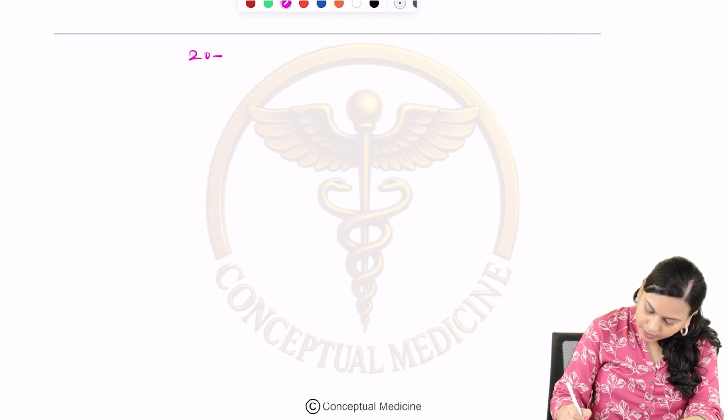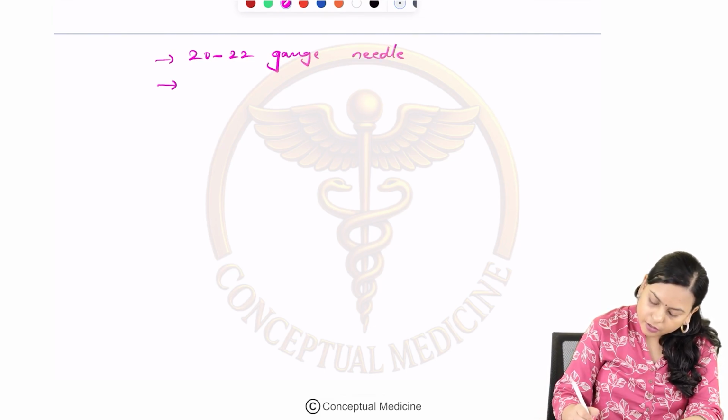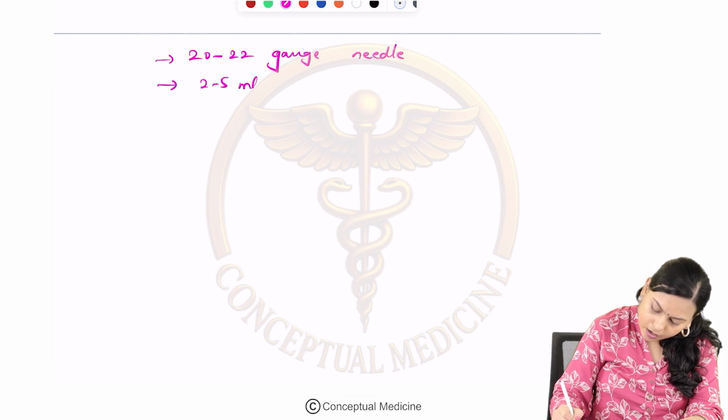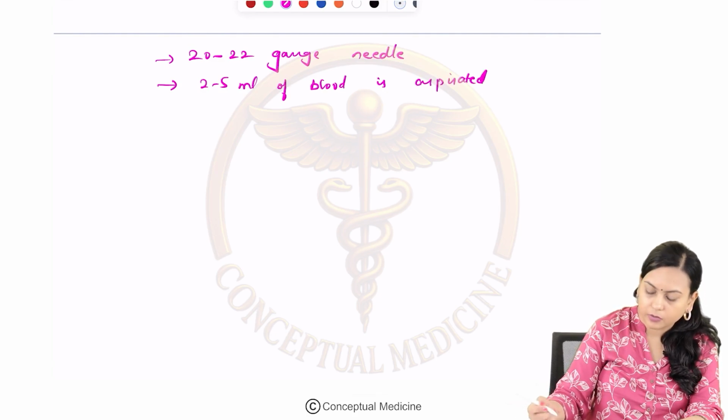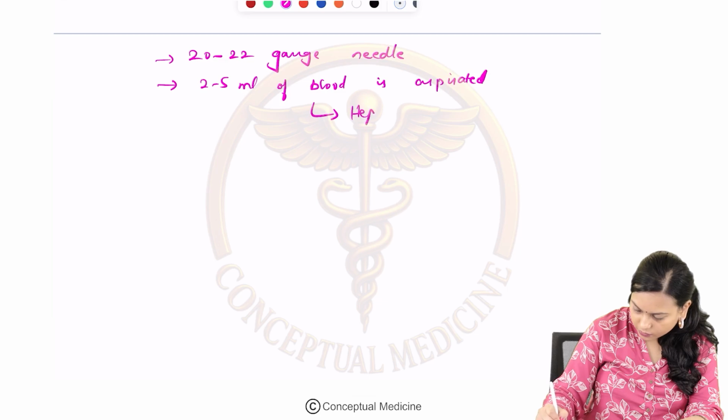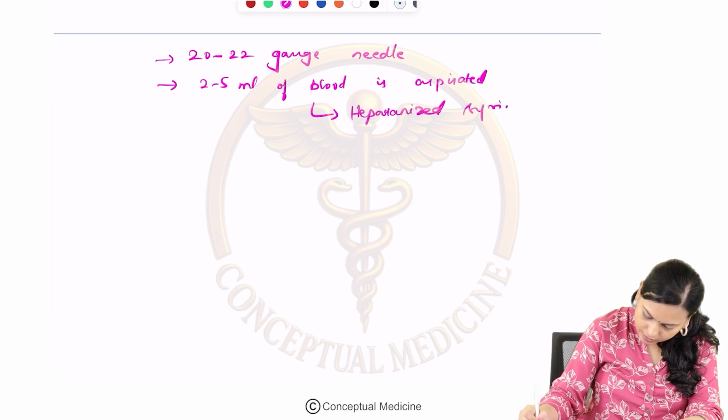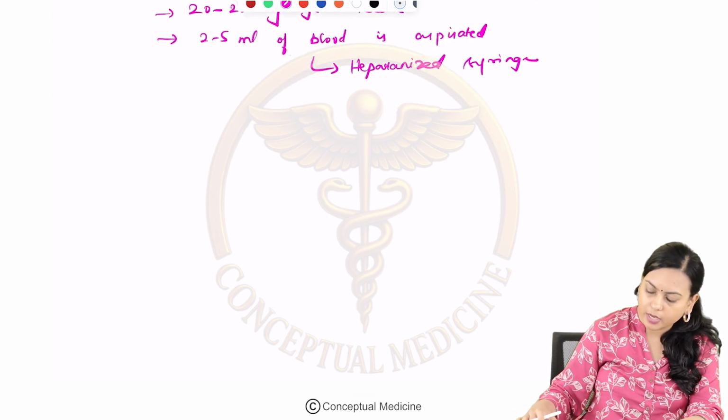So in this we will be taking a 22 gauge needle and about 2 to 5 ml of blood is aspirated, okay, and the syringe will be a heparinized syringe, okay.